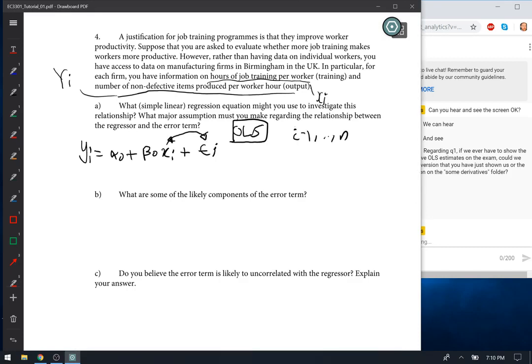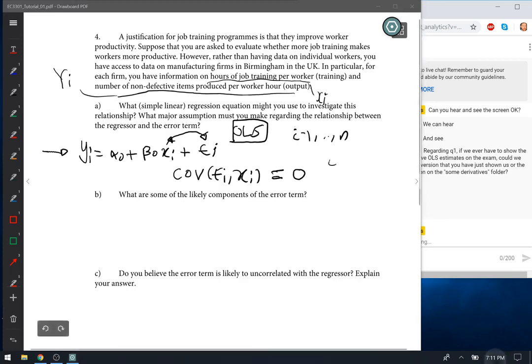But with that in mind, if we want to use OLS and we assume linearity holds, we know the key assumption for consistency is that the covariance of e_i and x_i is zero. In our example, that means all the other factors driving productivity are not correlated with the total hours of training. So linearity plus this exogeneity are the key conditions for consistency.